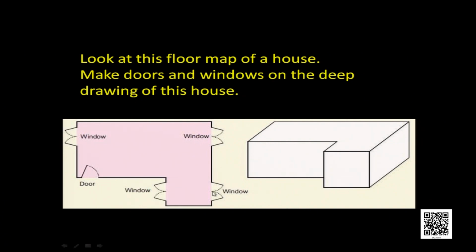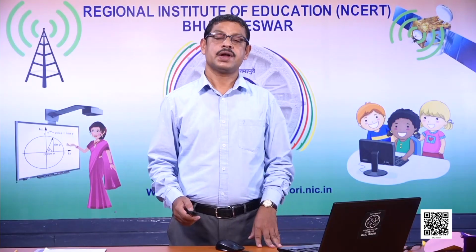Here is one window, you can draw a window here, another window here. Here also you can draw the window, but you can't draw this window because you cannot see this portion of the house. So, you cannot show this window here. So, in a deep drawing every window can't be shown.